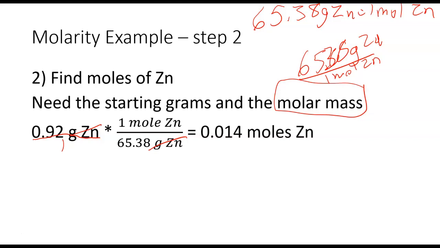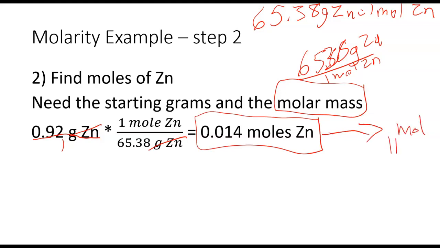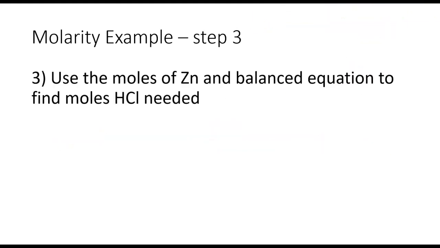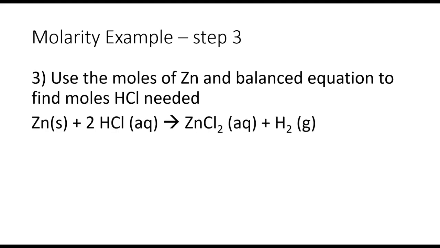So now we can take our moles of zinc, and then we're going to convert that into moles of HCl, the next step. So we're going to use the moles of zinc in the balanced equation to find the moles of HCl that's needed. We have our balanced equation.